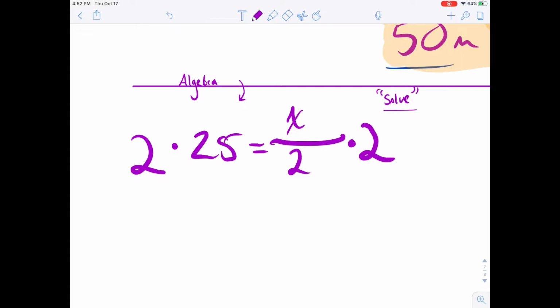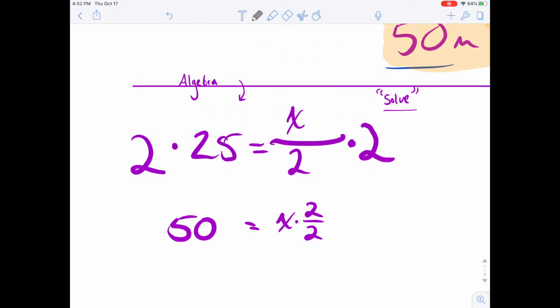And that means we get 2 times 25, which is 50. And then x divided by 2 times 2. I could rearrange that as this, or I could just cancel them. But if we don't know how to just cancel them, we could rearrange it like this, because that's what the laws of division and multiplication allow.